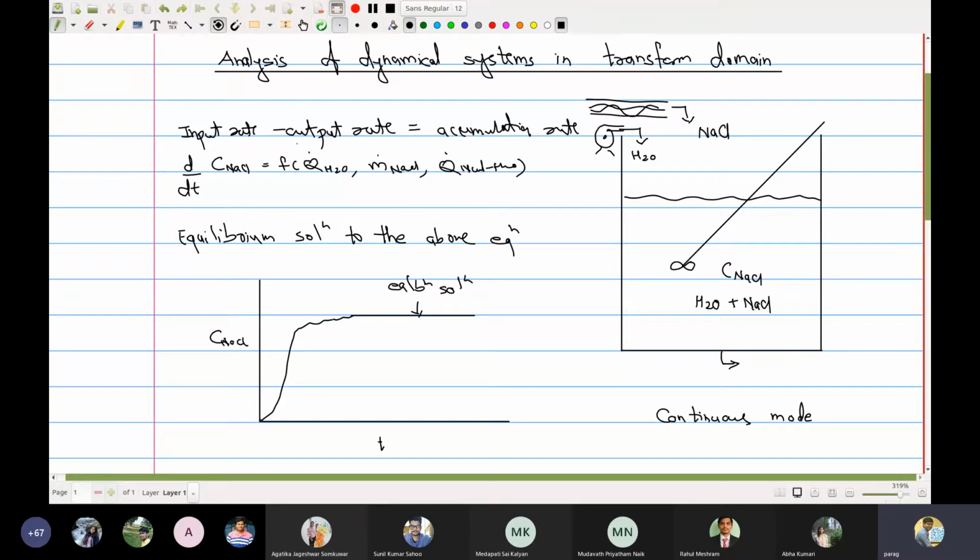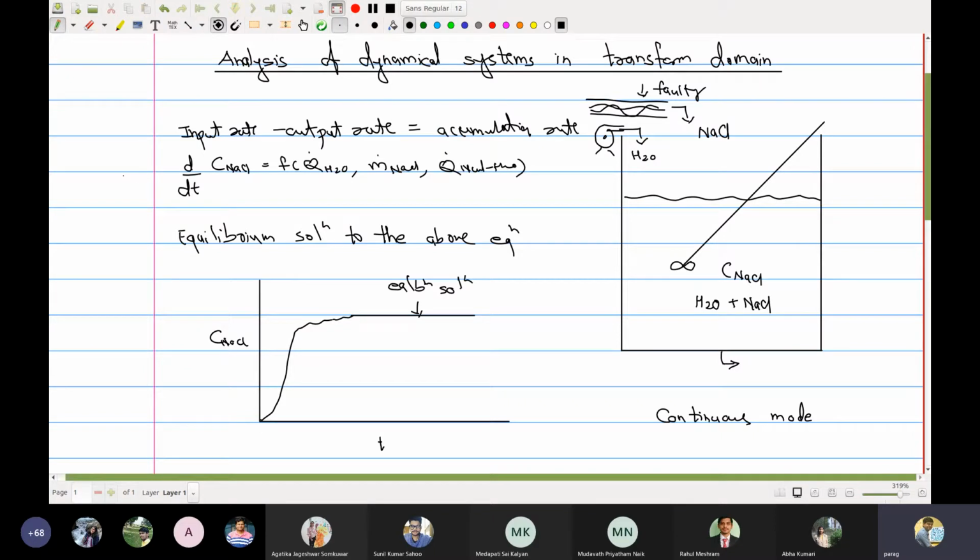But then when you start running the plant, suddenly you find that the screw conveyor has become faulty, right? So the output mass flow rate of NaCl, which it was supposed to give, it actually doesn't give somewhere after the 150th day of plant operation. So then what's going to happen?